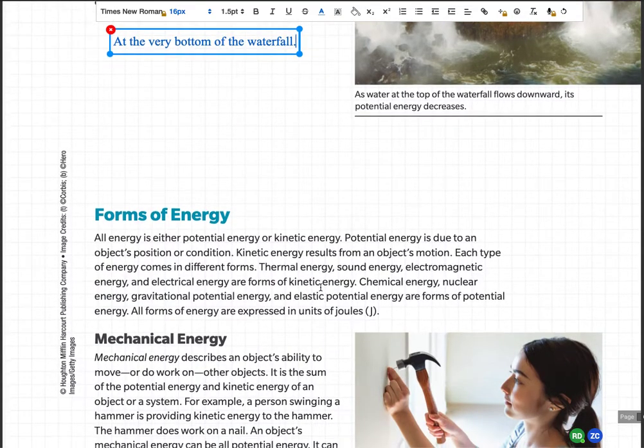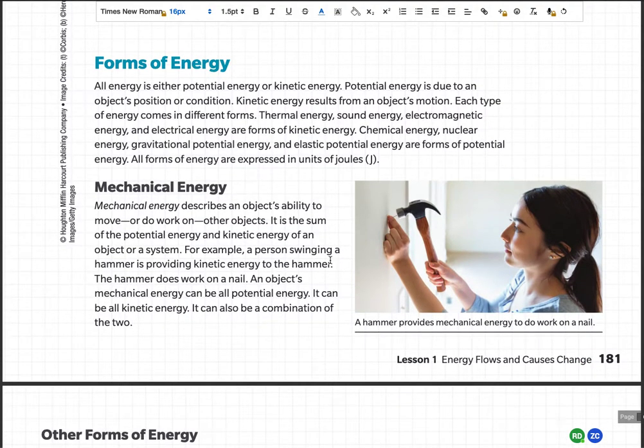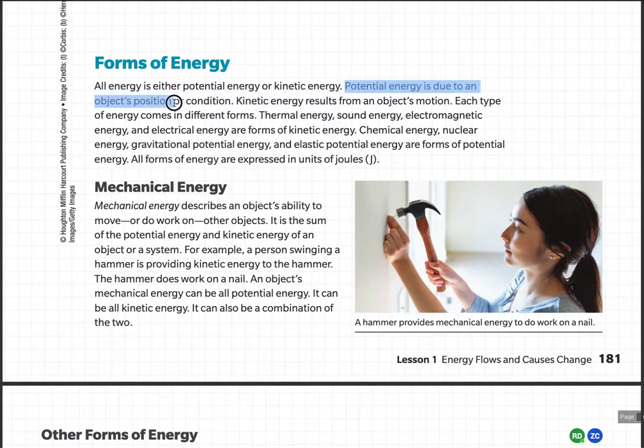Okay, and now we have forms of energy. We're going to talk about this more in class. I'm going to go through this pretty quickly, but essentially this section is on how there are different forms of energy. Kinetic energy is one, potential energy is another. Potential energy is due to position or condition.